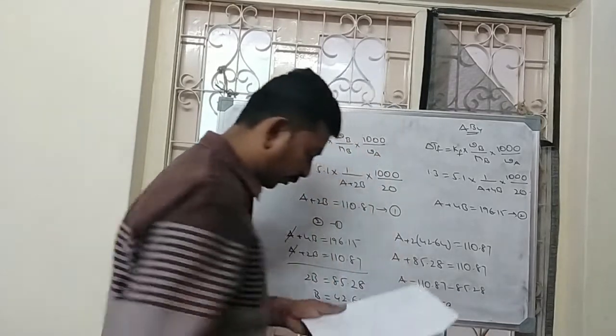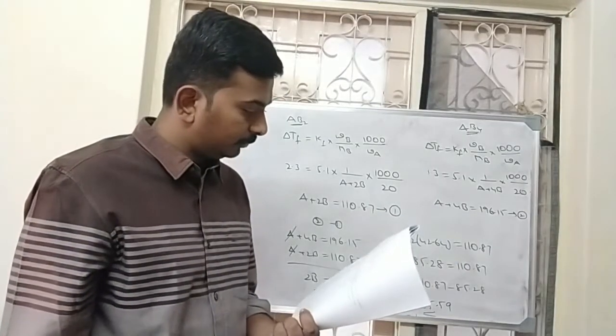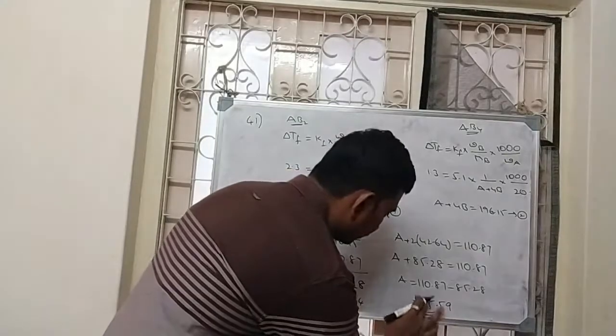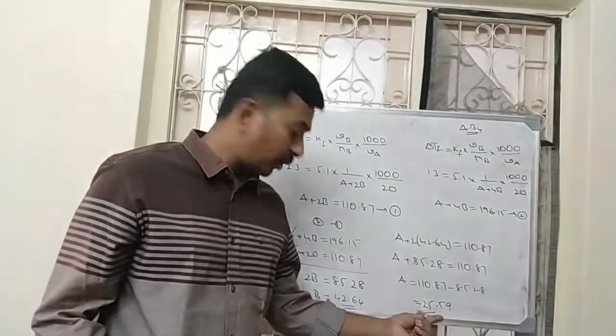So it will be 25.59. So the atomic mass of A is 25.59.